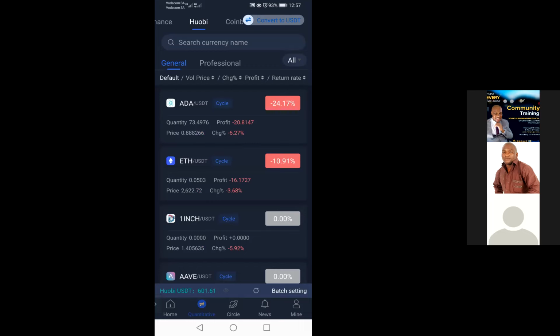Instead of just one, you can be having 1.6 Bitcoins, 1.7 Bitcoins, rather than someone who bought 1 Bitcoin and it's still 1 Bitcoin, but the value has dropped and they're not trading it, they are hodling it. So that is the beauty of trading.